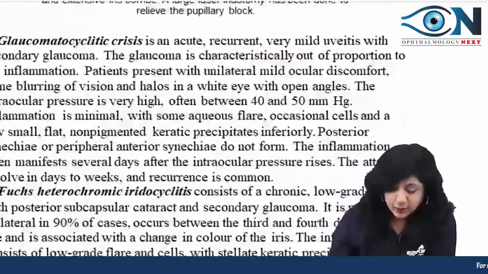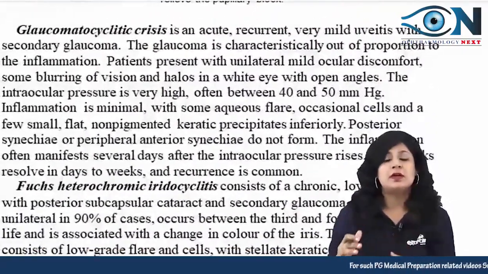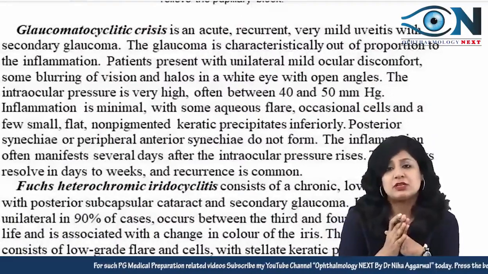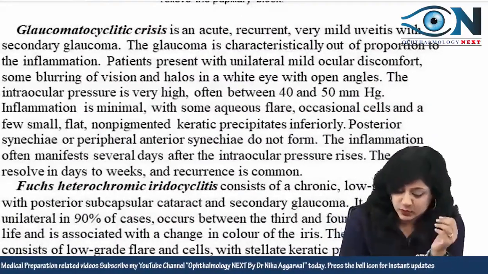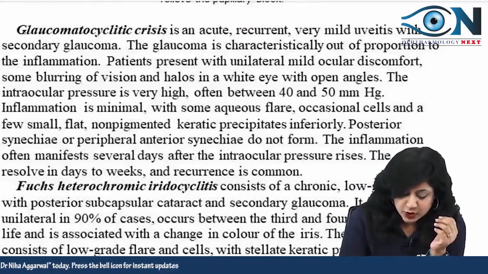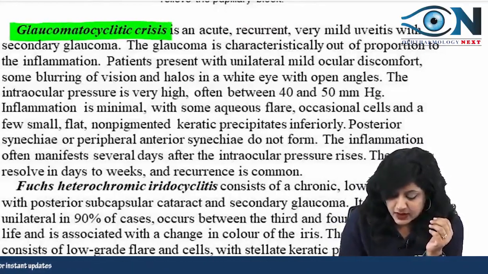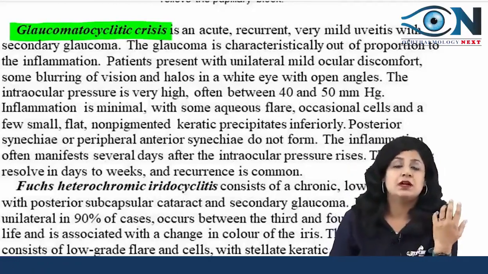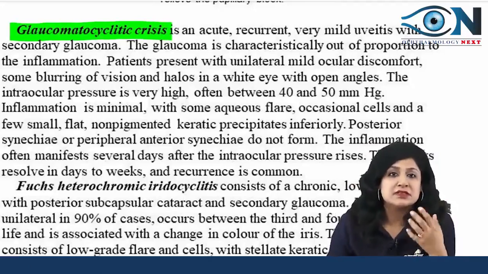Now, another important point: the systemic syndromes which are related to inflammation and glaucoma are really important. One such syndrome is glaucomatocyclitic crisis, which is also called a postinflammatory syndrome.